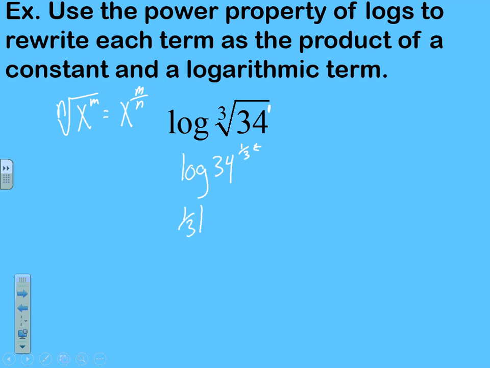So I'm going to have 1/3 times the log of 34, and that is all we can do on that one to expand it. And we're not really expanding it, we're kind of just rewriting it from a radical into a normal exponent and log thing.